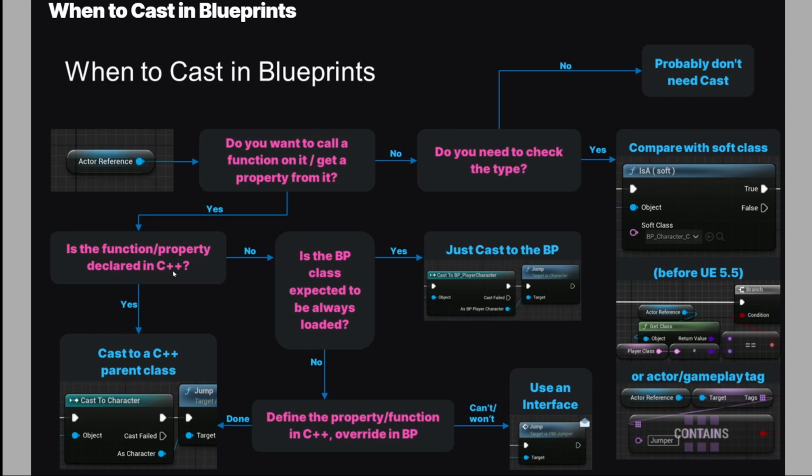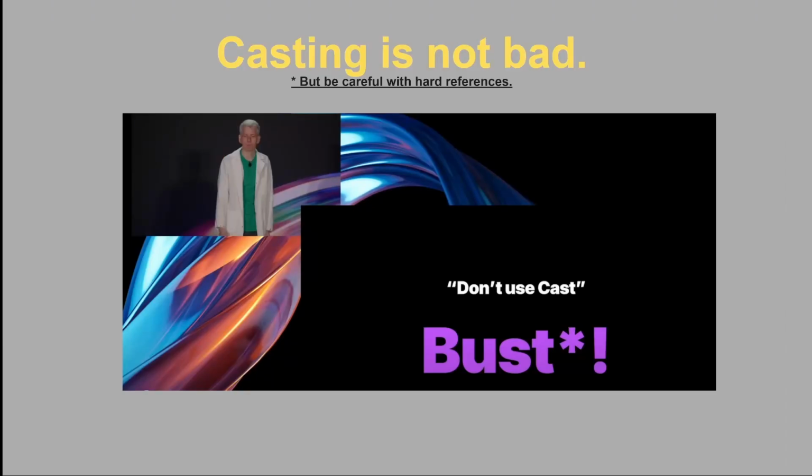Is the function declared in C++? No. Is the BP always expected to be loaded? It's fine just to cast. If not, defining the function in C++ and overriding in BP is the way to go. It's a really good way to ground yourself in what decision you should make. And as he mentions at the end, myth busted, casting is perfectly fine.